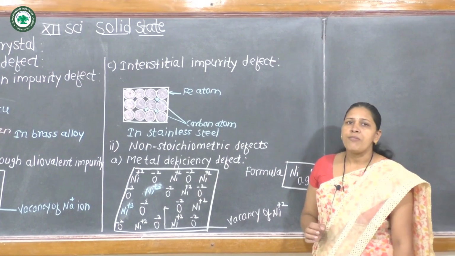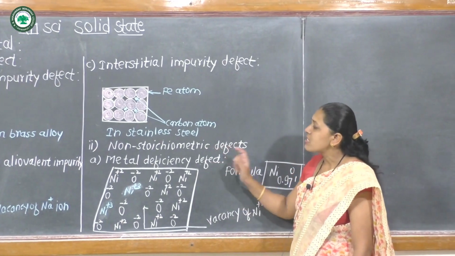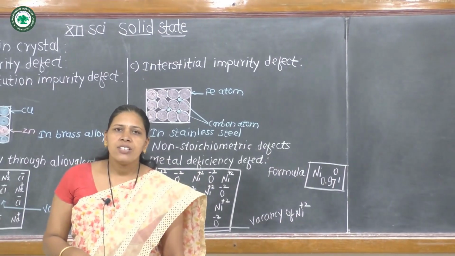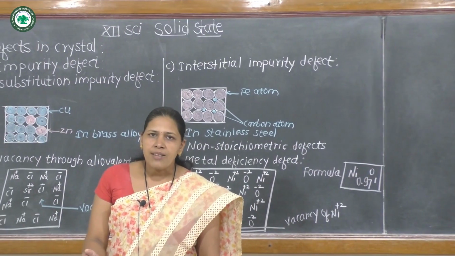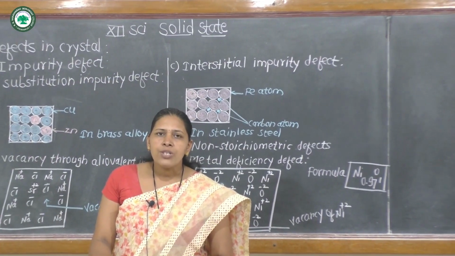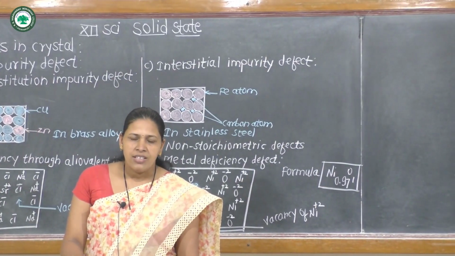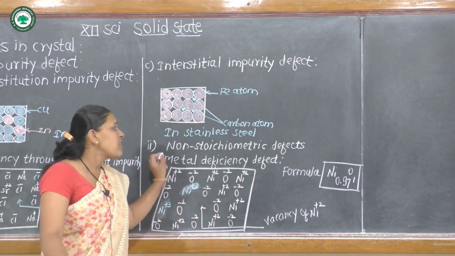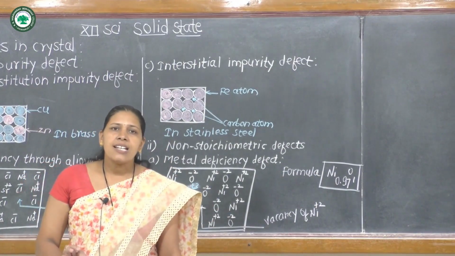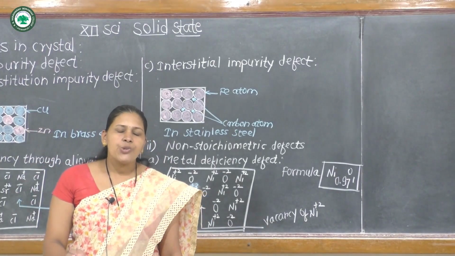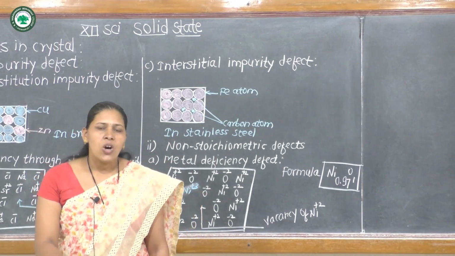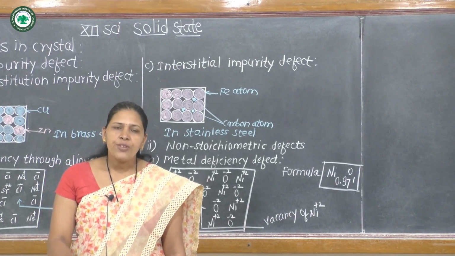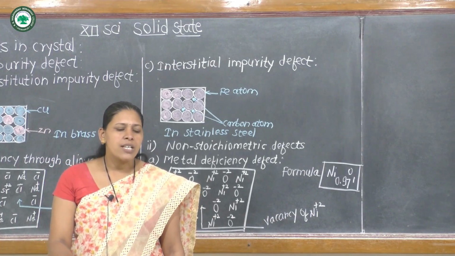Then the next type of defect is non-stoichiometric defect. In substitution impurity defect, it is a stoichiometric defect, that means the chemical formula of the compound is unchanged. Then next point is non-stoichiometric defect. It arises when the ratio of number of atoms, or number of cations or anions, becomes different from the original chemical formula.